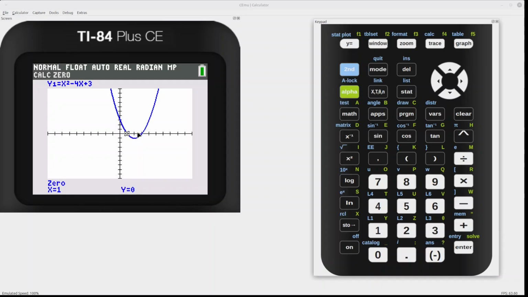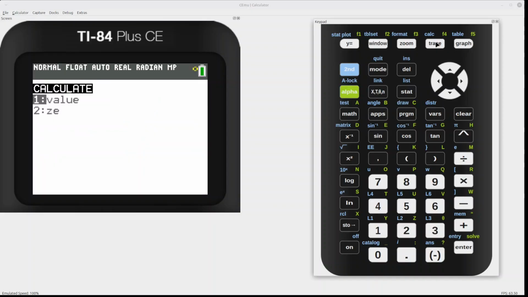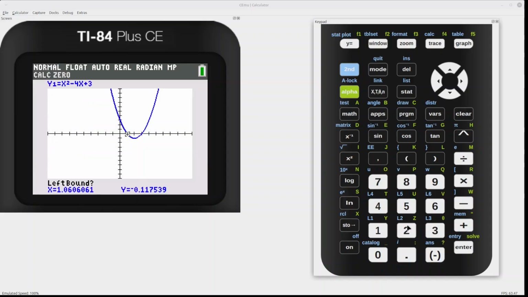Now let's repeat for the second crossing here. So I'm going to go second trace, which is calc, zero. I want to cursor over closer to this boundary. Press enter. I'll move my boundary to the other side.